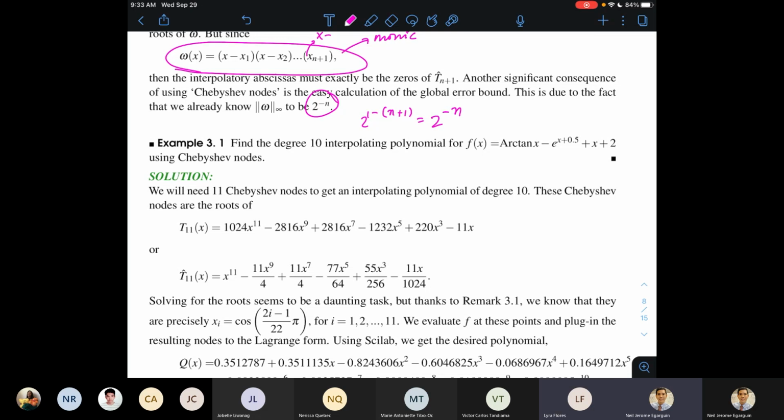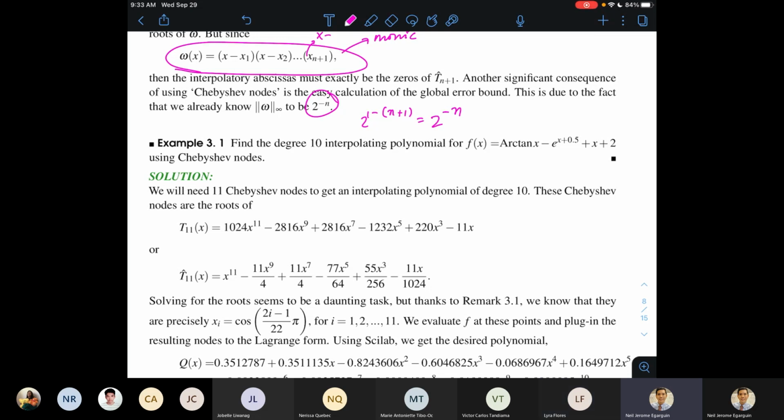Sir, ask ko lang po. So, yun po yung pinaka main reason kung bakit po na-minimize yung value, is because siya po yung may pinaka minimal value of L infinity norm. Yes. Kasi remember, ang goal natin ay mapababa yung L infinity norm ni omega. Kasi anong alam natin kay omega?